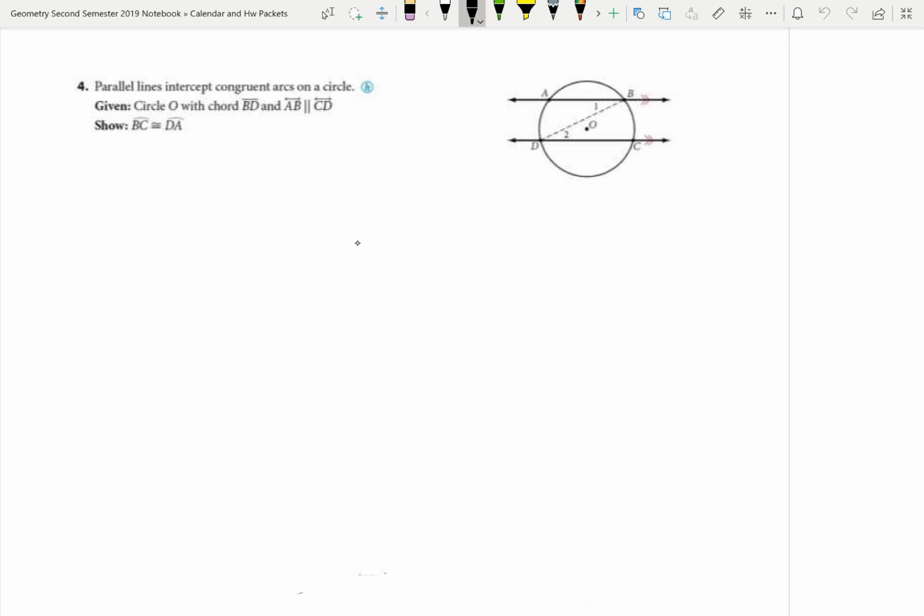And so angle 1 will equal angle 2 because they are alternate interior angles, and the alternate interior angles conjecture says that they are congruent. I also see that I have some inscribed angles. Angle ABD and angle BDC are inscribed angles.